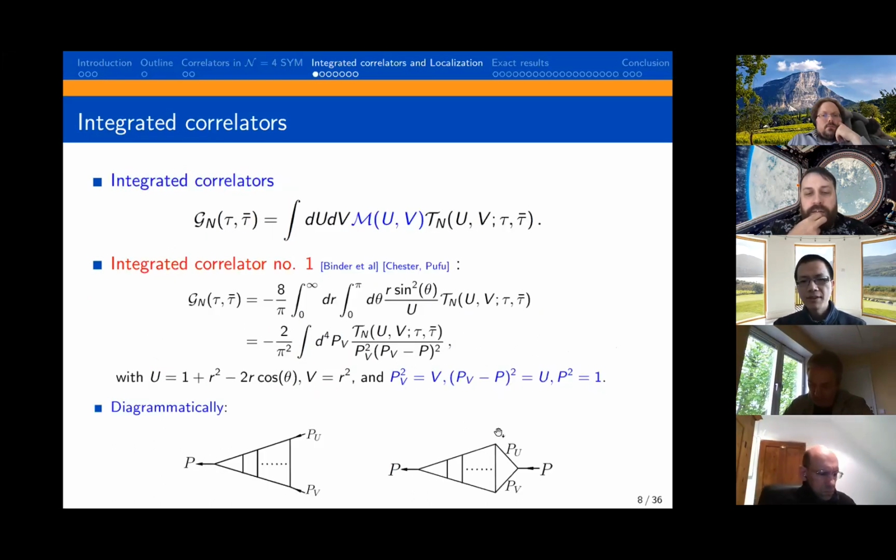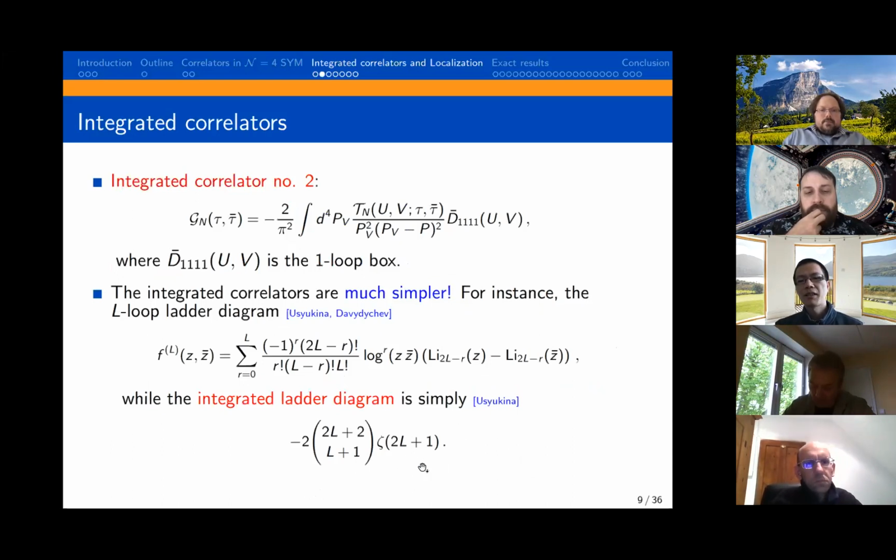Then for the diagram where you do this procedure, the integrated correlator like this one, the answer is also famously known, and it is simply given by zeta values. So as you see, it's much simpler.